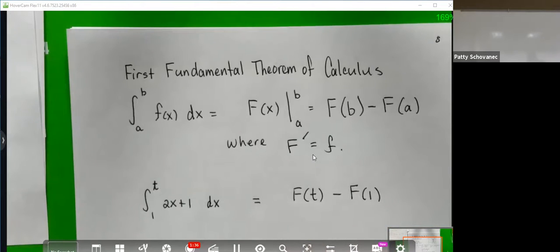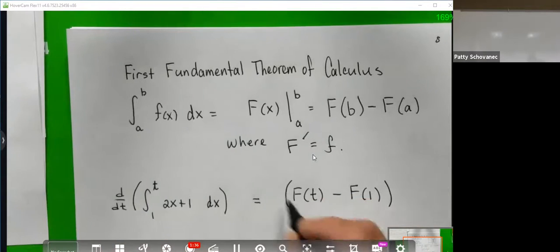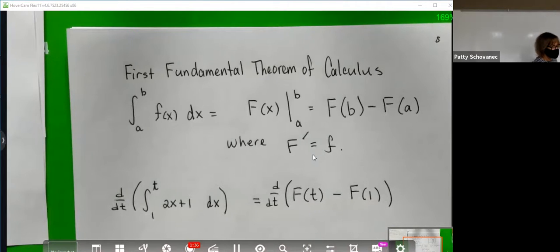But it's a function of t. So now I'm going to ask you to do this. After you calculate that, take the derivative of it with respect to t. Okay, so I'm going to go over here and I'm going to take the derivative of this with respect to t. And I'm going to get f prime of t, capital F prime of t, minus 0. Because the antiderivative at 1 is a constant.